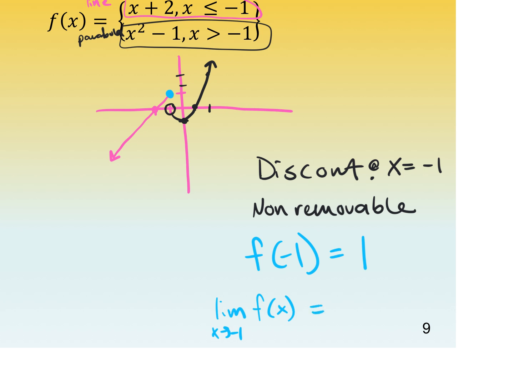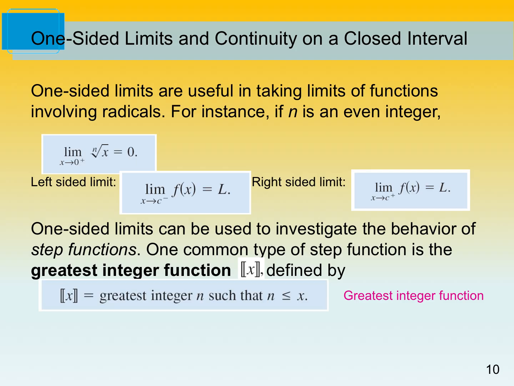What would our limit be? Does not exist. Awesome. Because we approach two different values coming from the left and coming from the right, the limit as x approaches -1 does not exist. Next, we're going to talk about one-sided limits.